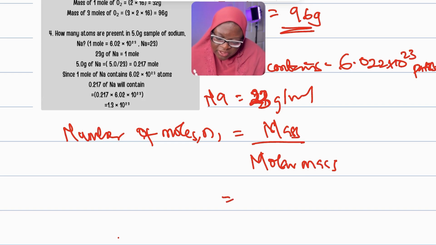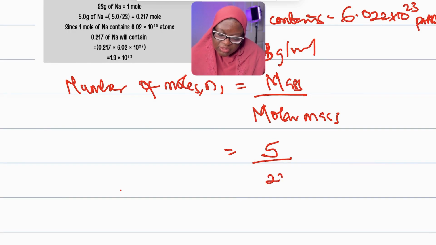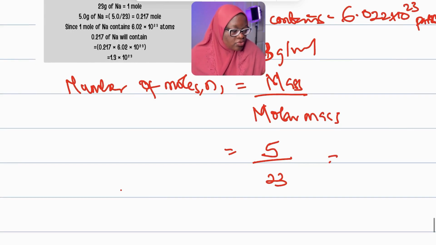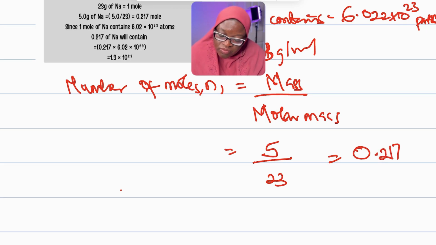We've been given a mass of 5 grams. Molar mass of sodium is 23. So number of moles is 5 divided by 23, which is 0.217 moles. So that is the number of moles in 5 grams.